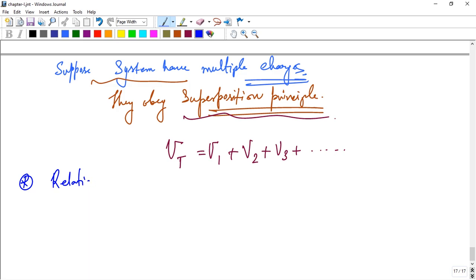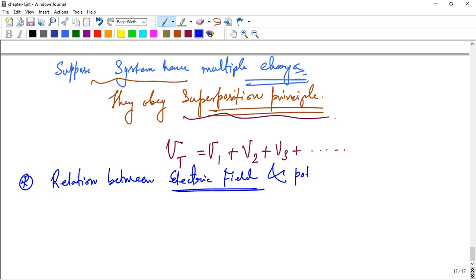So the electric field is in the direction of the steepest decrease of potential.